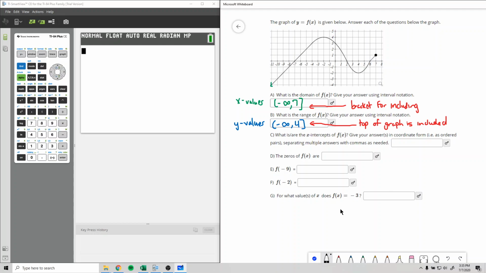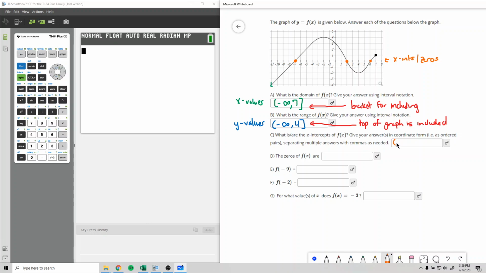All right, so the third part, what are the x-intercepts? Right, this is where we hit the x-axis. We hit at -7, we hit at 2, and we hit at 6. And remember, these are also related to the zeros. The x-intercepts are the coordinate pairs.